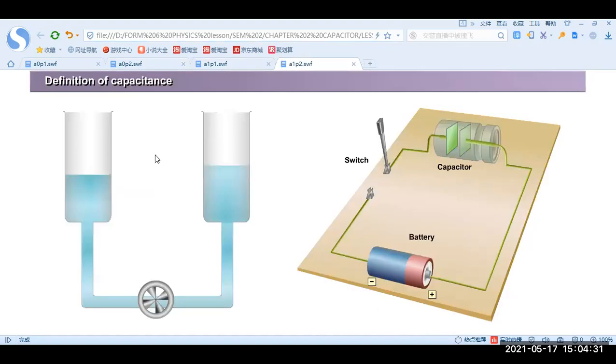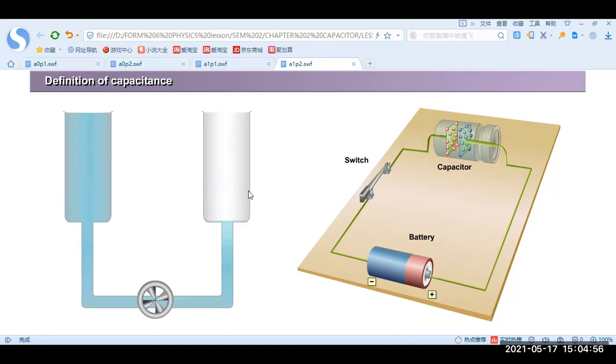Now, the definition of the capacitance. Once the switch is connected, we notice that the current flows and causes both plates to be charged, positive and negative.